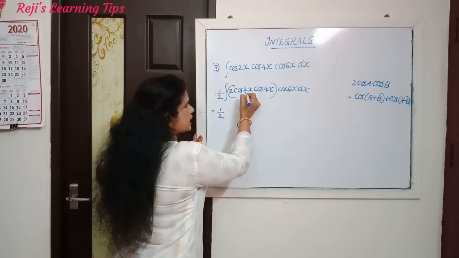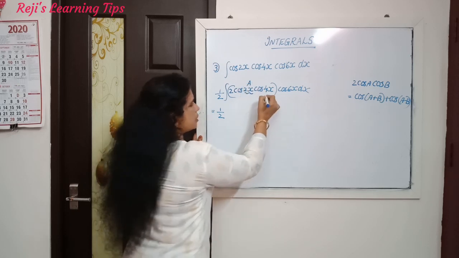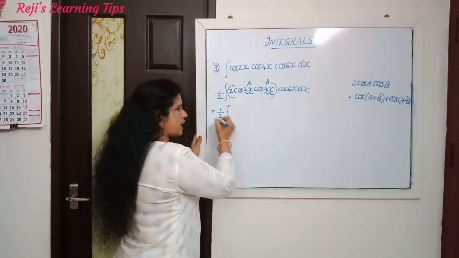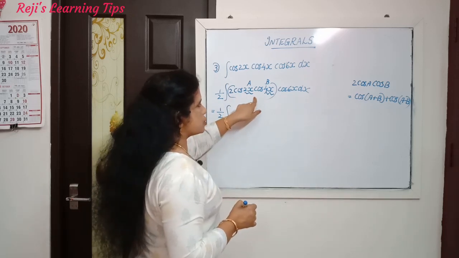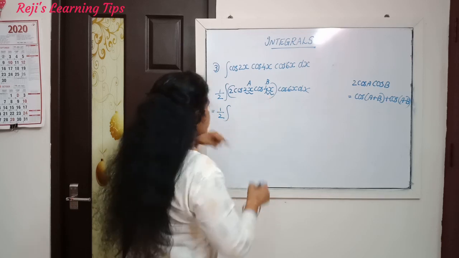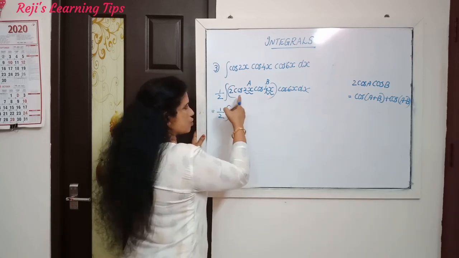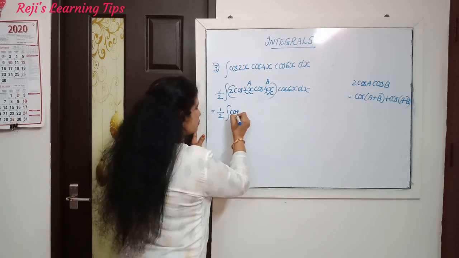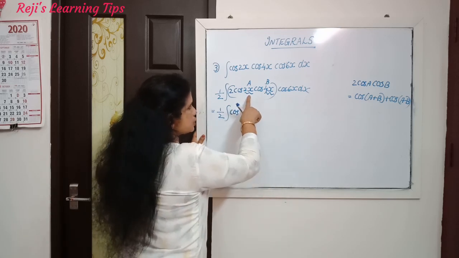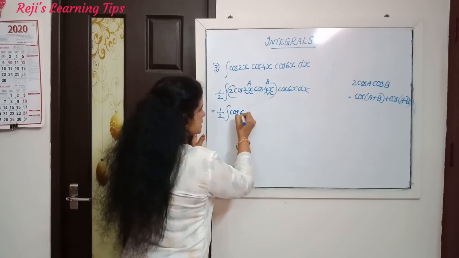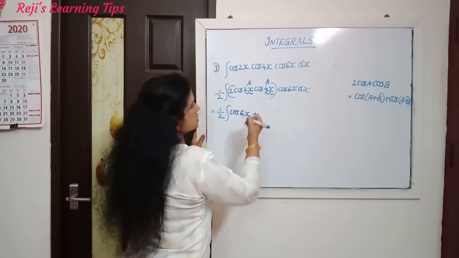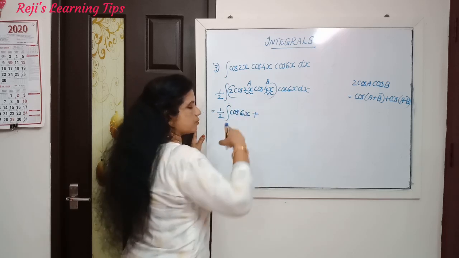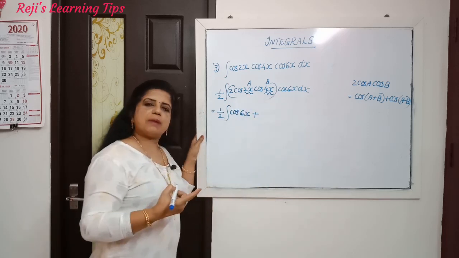Here 2x is A and 4x is B. Then 2 cos 2x cos 4x is cos of A plus B, A plus B means 2x plus 4x, that is 6x, plus cos of A minus B. A minus B means 2x minus 4x, that is minus 2x.